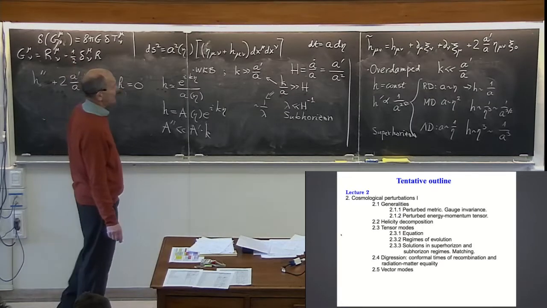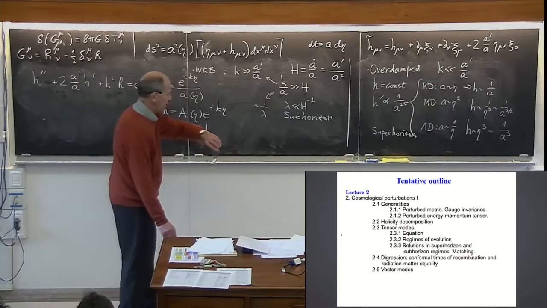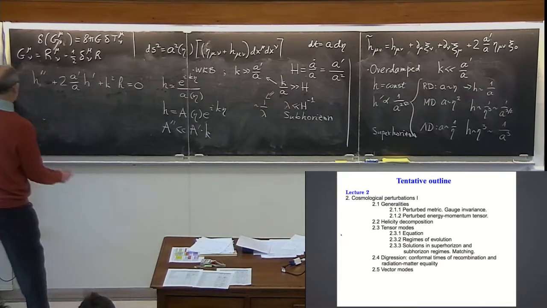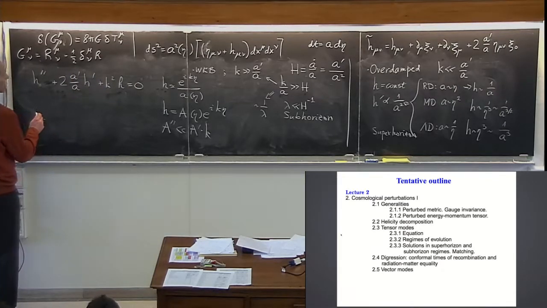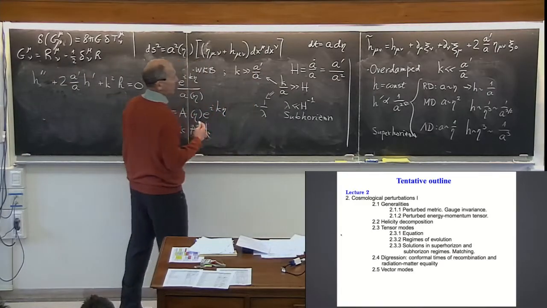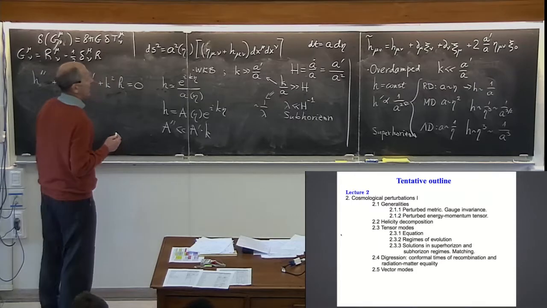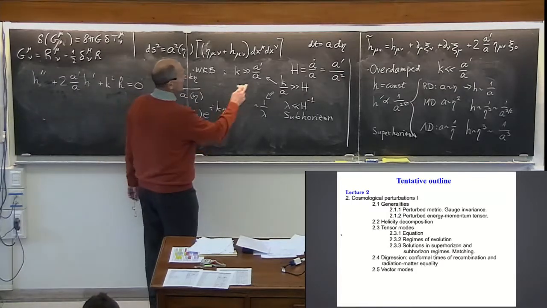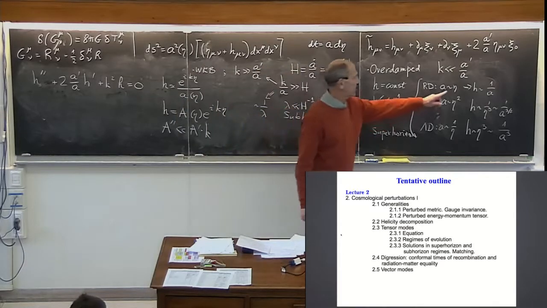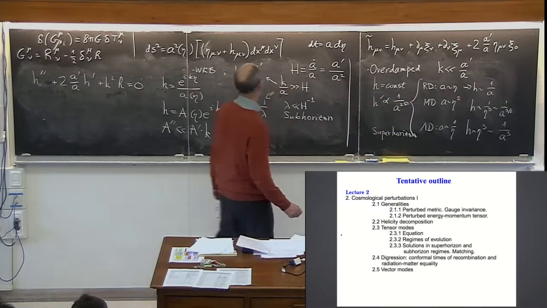Suppose we are at the radiation domination epoch. At radiation domination epoch, our a is linear, actually in any epoch. a is a power of eta, right? At any of these epochs.